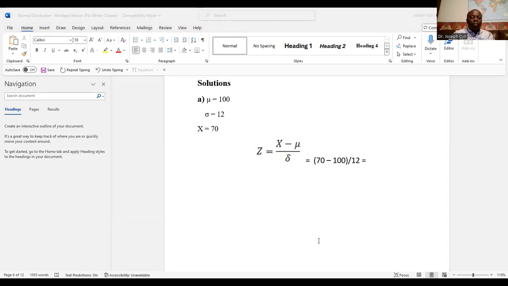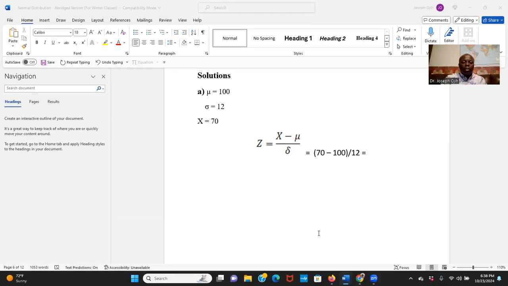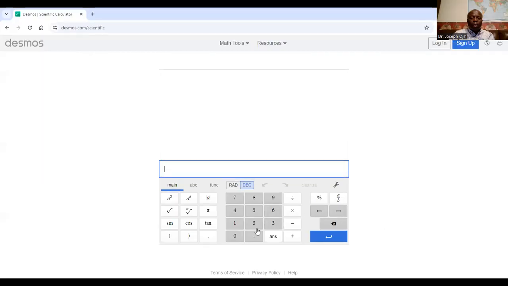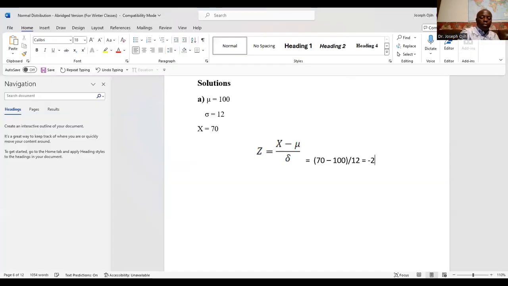So let's put that in the calculator. 70 minus 100 divided by 12 gives negative 2.5, negative 2.50. So we'll put it in there: negative 2.50.